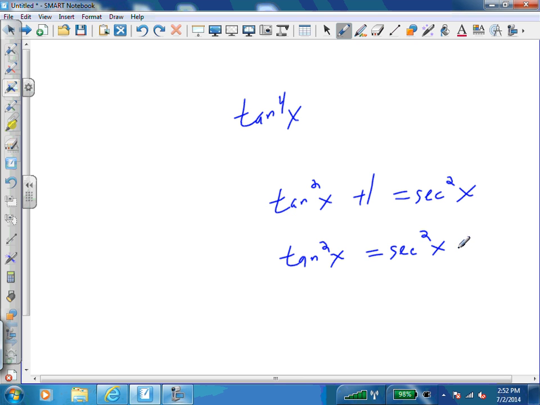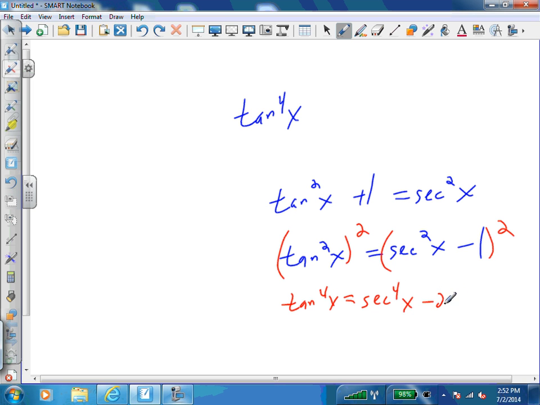Subtract 1 from both sides, so secant squared minus 1. So how do we get tangent to the 4th? Raise both sides to the 2nd power. So tangent to the 4th is secant to the 4th minus 2 secant squared plus 1.